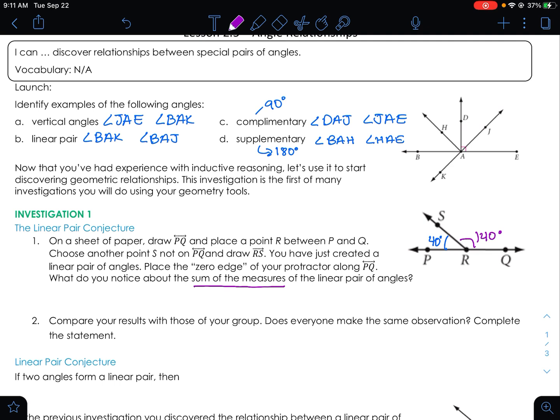Hopefully you will have noticed that they add up to 180 degrees. If we were doing this in class, everyone would draw their own linear pair angles and measure them, and you would find out that everyone's angles should come back to be about 180 degrees. So does everyone make the same observation?